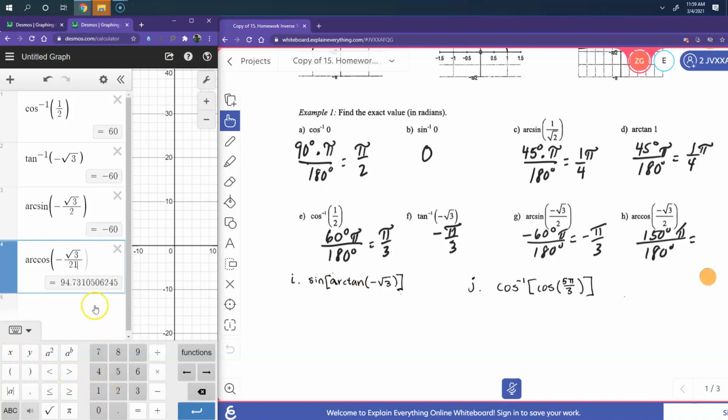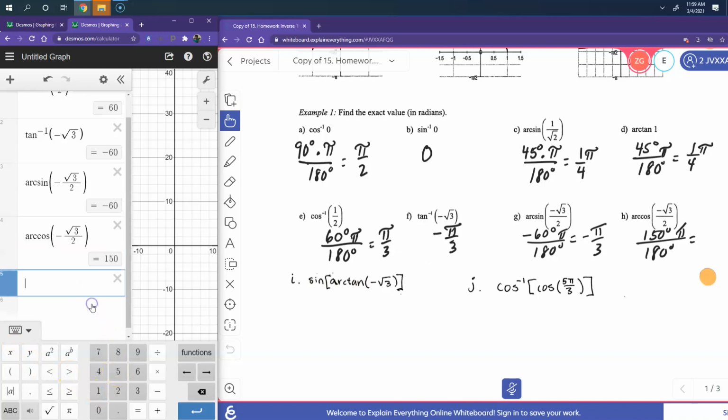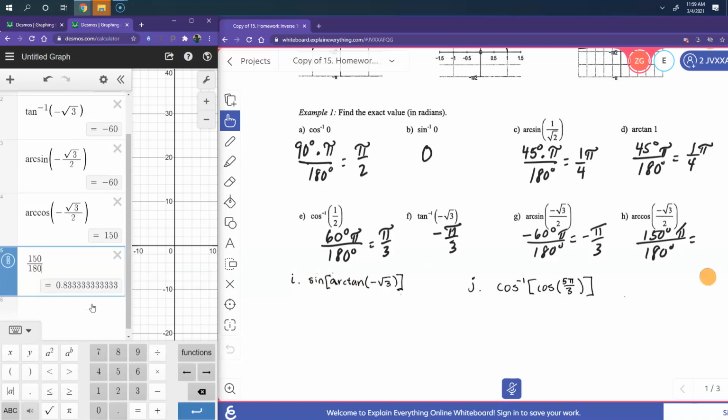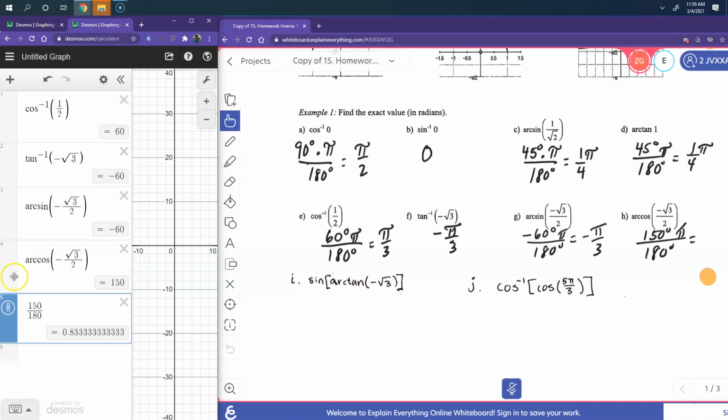So you're left with 150 divided by 180. You can write this as a fraction. It's going to be 5 over 6. So it's going to be 5 pi over 6.